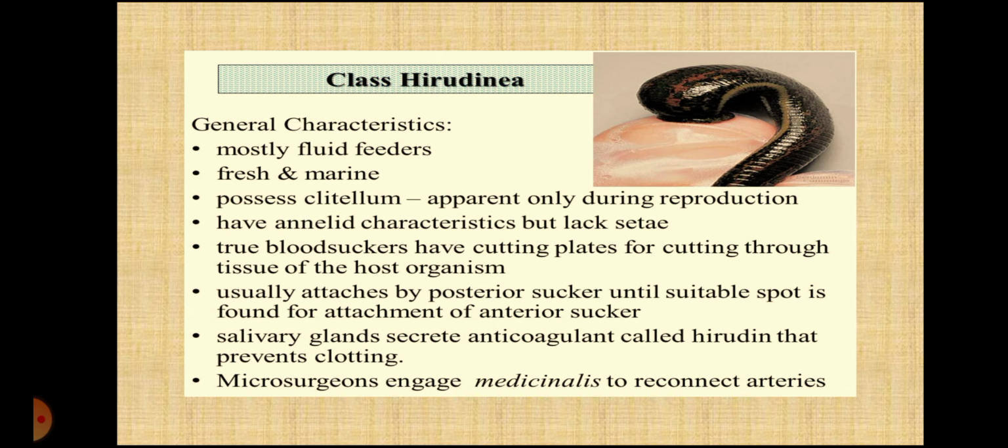The next is the class Hirudinea. Hirudo means leech. It is characterized by fluid feeders. The coelom in Hirudinea is greatly reduced by botryoidal tissue, probably for excretion. Setae, septa, and coelomic compartments are absent. The blood vascular system is replaced by the haemocoelomic system.